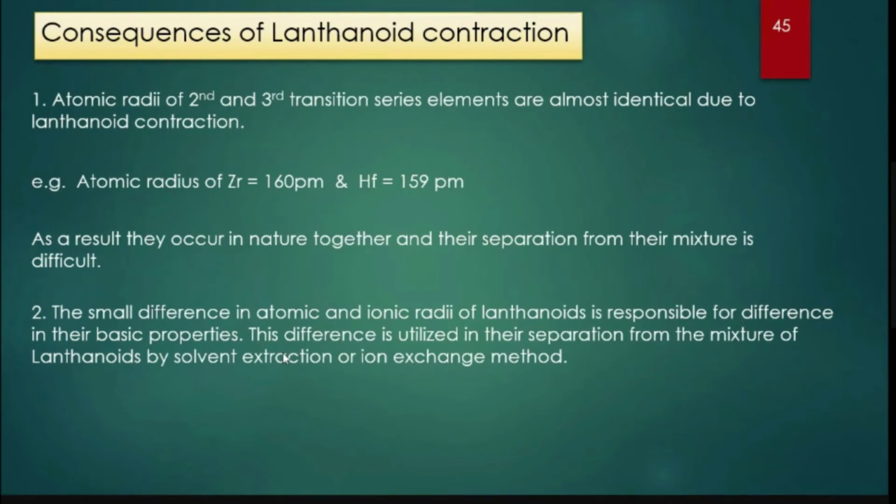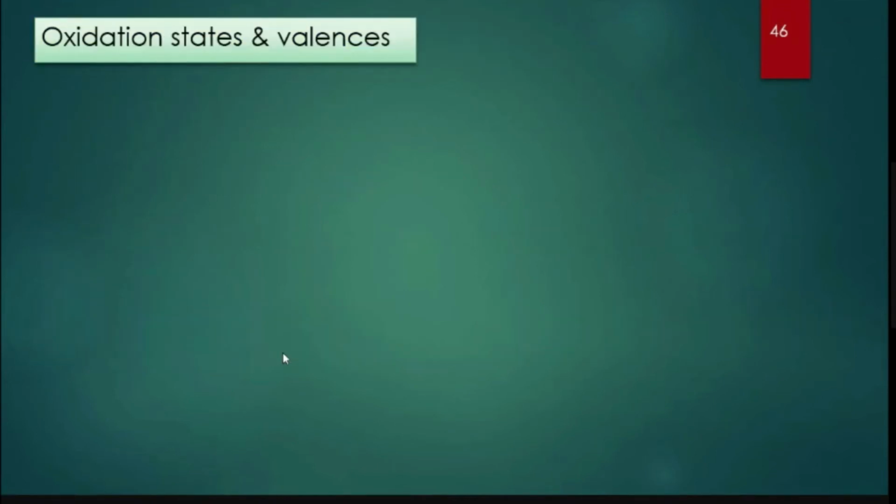This is about the consequences of lanthanide contraction, important for 2 marks. Sometimes they may ask you to write the definition of lanthanide contraction and give one of the consequences. Like that, you may get a question for 2 marks.